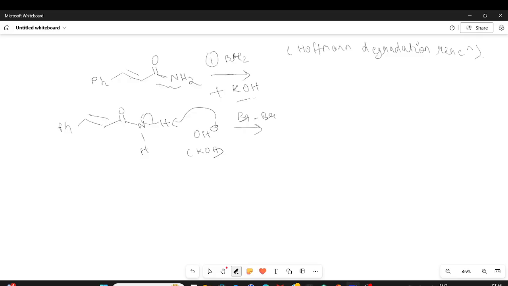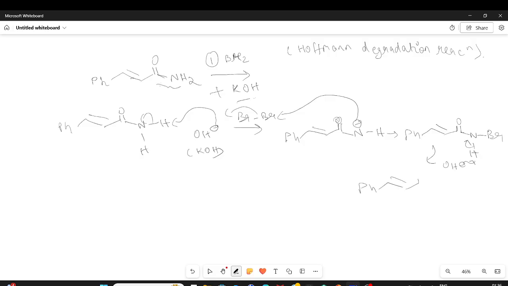Then you have this bromine unit, you have a negative, this bromine unit captures one bromine, so you get this NHBr, and now again this acidic proton can be taken up by the base. So you get something similar to this.